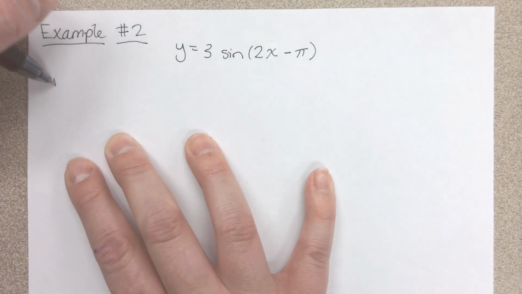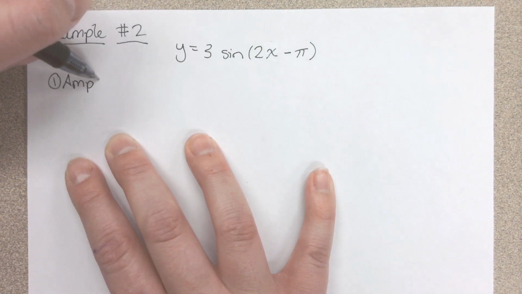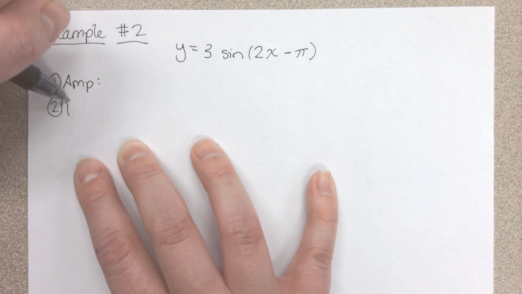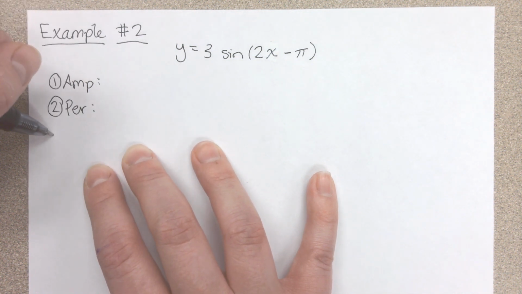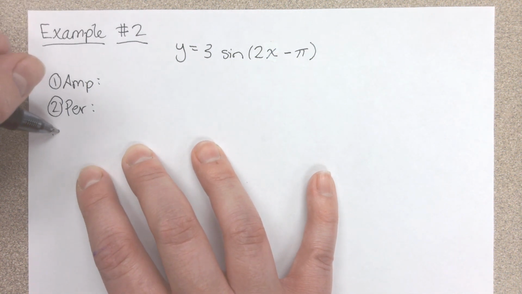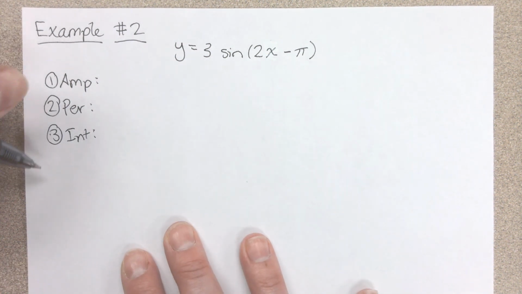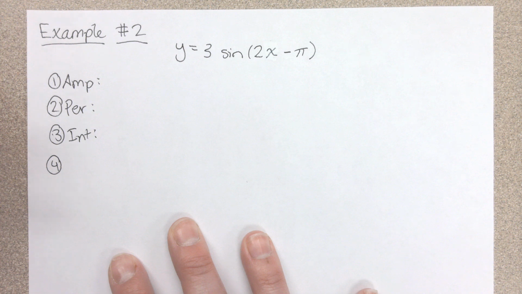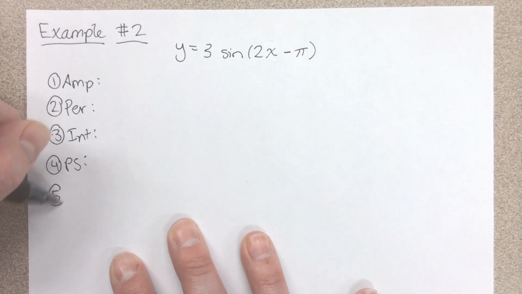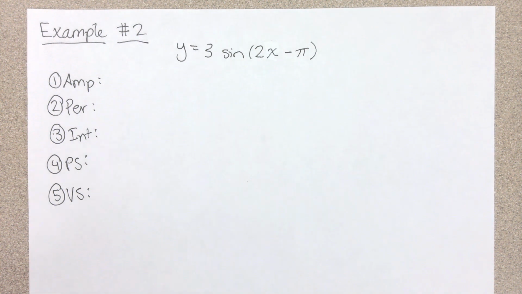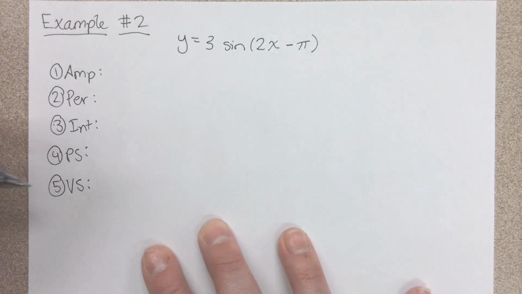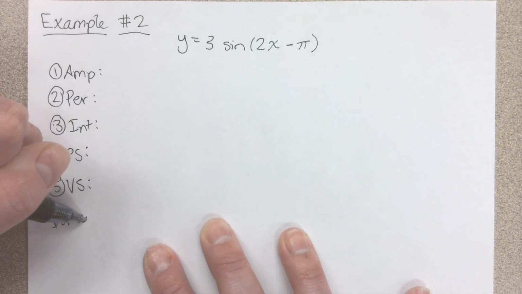And the usual list: amplitude, period, interval, phase shift, vertical shift, and domain and range.